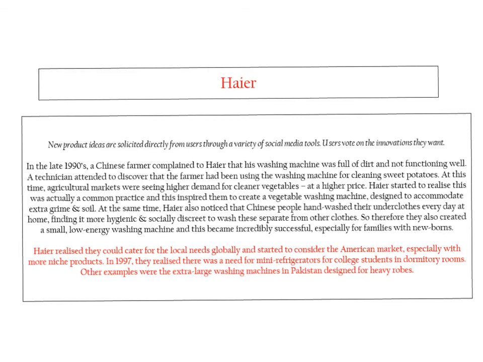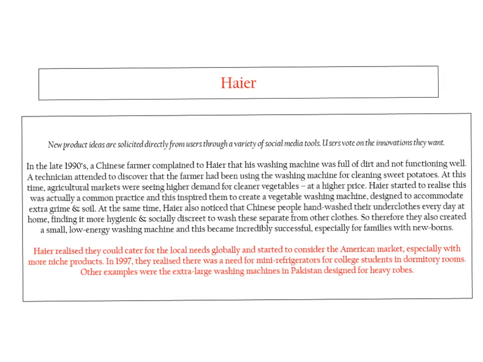Now, the whole idea of this came in the late 1990s, where within their domestic market they noticed that there were issues with some of their products, but actually it turned out it wasn't their fault. So a Chinese farmer complained that his washing machine was full of dirt, not functioning well, and when a technician attended, they realised that the farmer was actually using the washing machine for cleaning sweet potatoes.